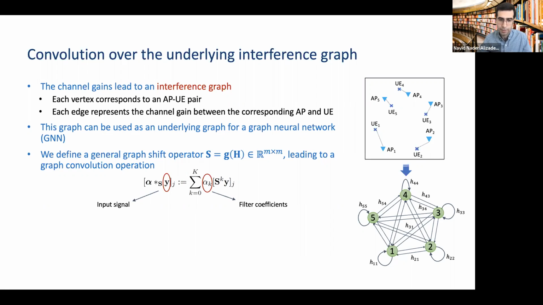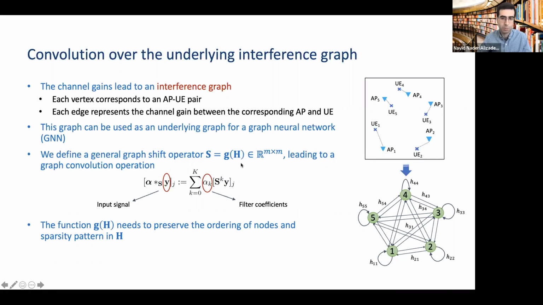These filter coefficients are the set of parameters that we are trying to learn in this algorithm. And I want to emphasize that this function g of H needs to preserve the ordering of the nodes and the sparsity pattern. For example, if you have a weak interference link, then you want your S to reflect that fact as well.